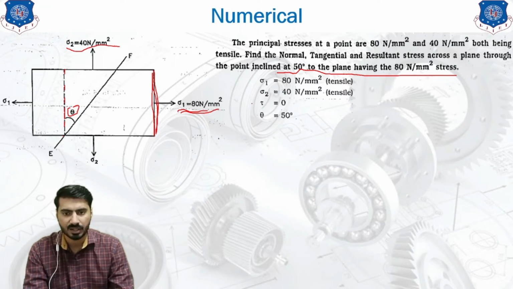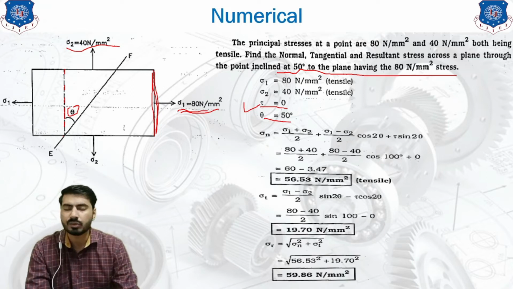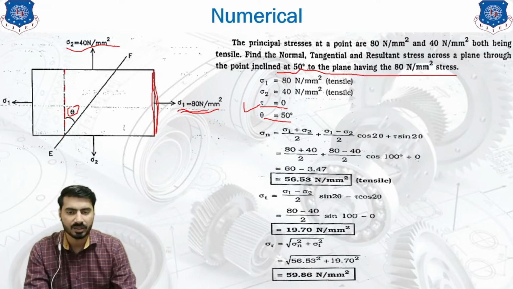Later on, here they have not mentioned any shear stress, so by default we have taken shear stress as 0. Shear stress is taken as 0 because it is not given. Theta is 50 degree. Now we will need to find out the normal stress, tangential stress and resultant stress on the inclined plane.